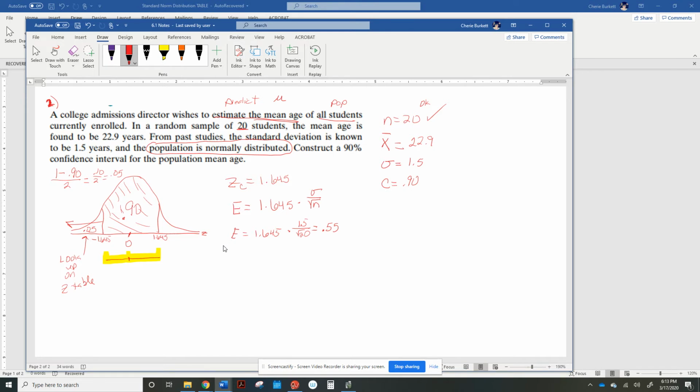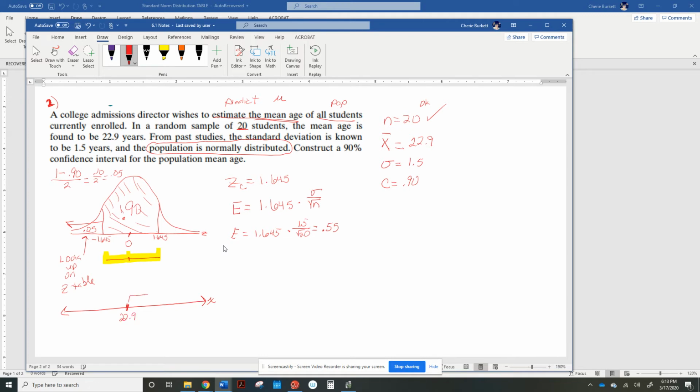So that means that on our x-axis, and our x-axis is right below this one, our mean is 22.9.